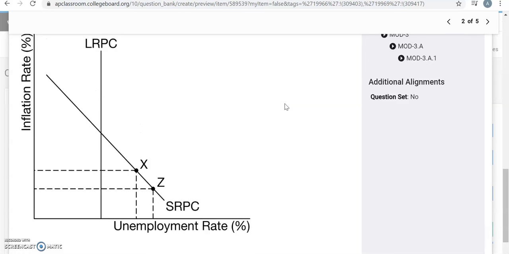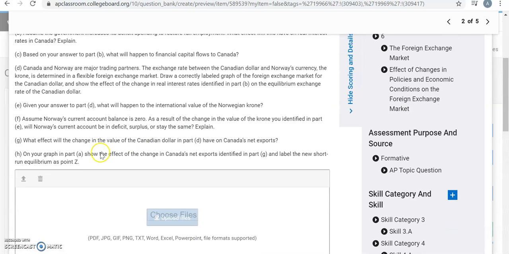Okay, Part H. On your graph in Part A, show the effect of the change in Canada's net exports identified in Part G, and label the new short-run equilibrium as point Z. So we had our graph for Part A, and now we're going to switch it up.